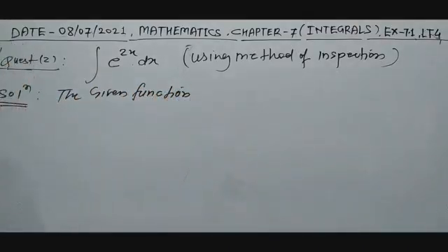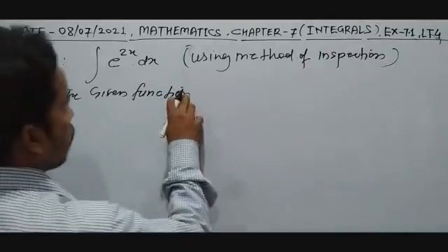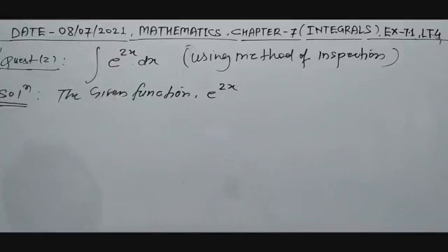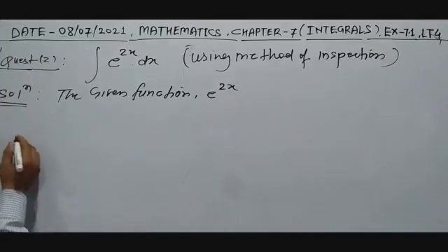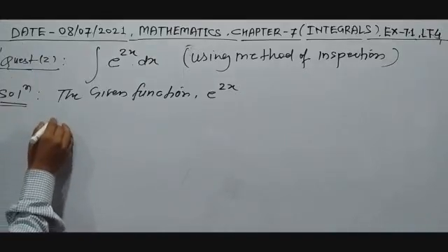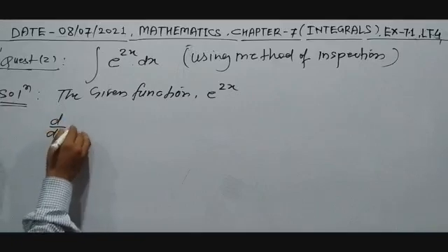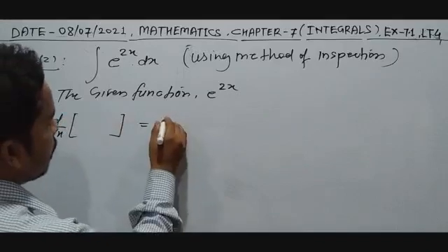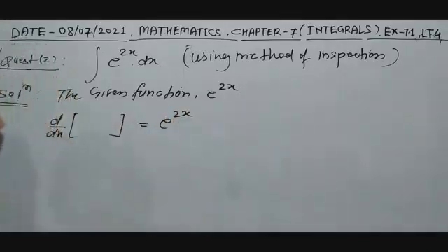The given function is e to the power 2x. Now we have to find the function whose differentiation is e to the power 2x. So now you can write d by dx of the function whose differentiation is e to the power 2x.